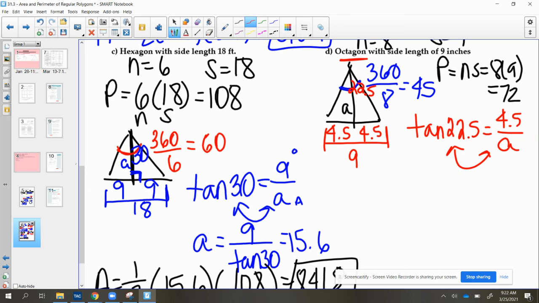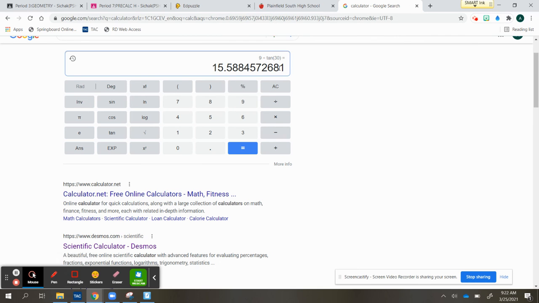Switch and divide. 4.5 divided by the tangent of 22.5. Type that in. 22.5 is about 10.9. Okay.